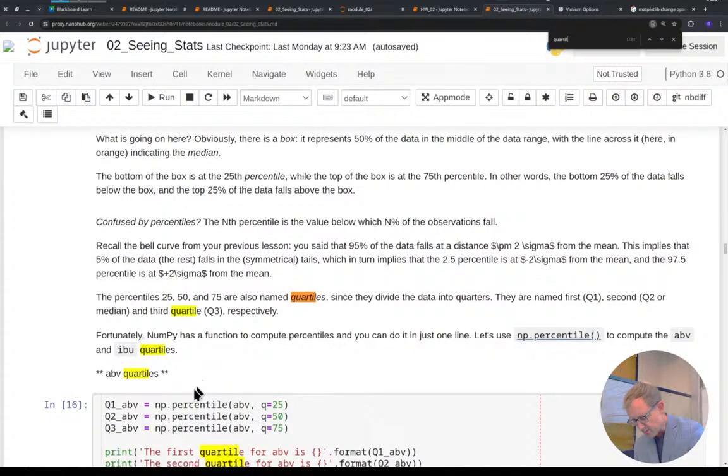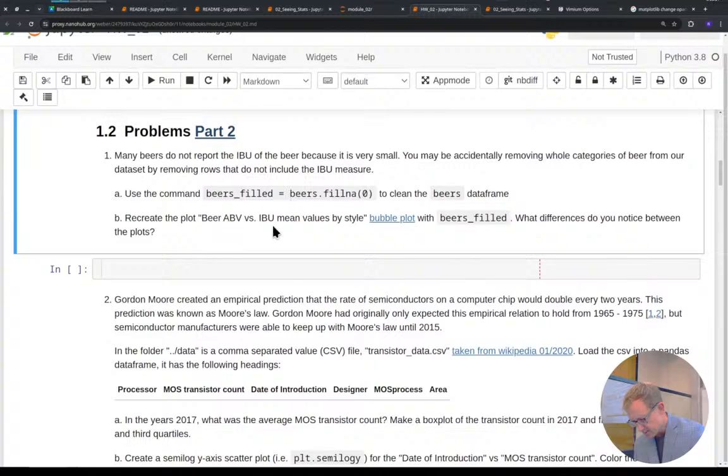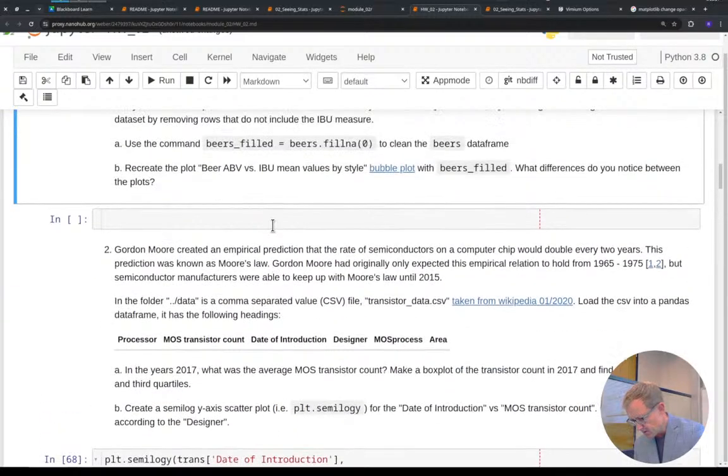Percent. Oh yeah, percentile. Same thing. So that could work.